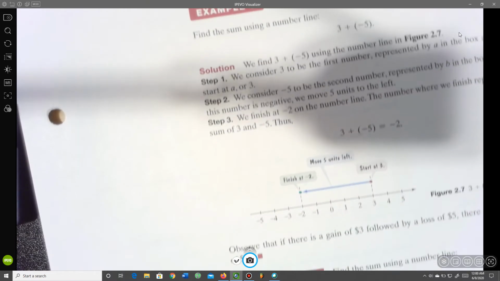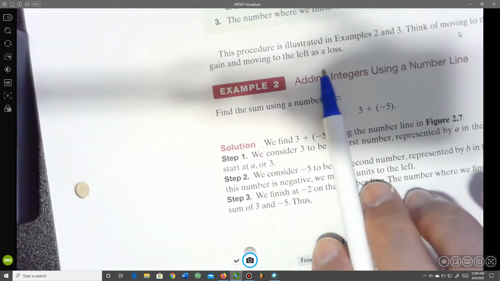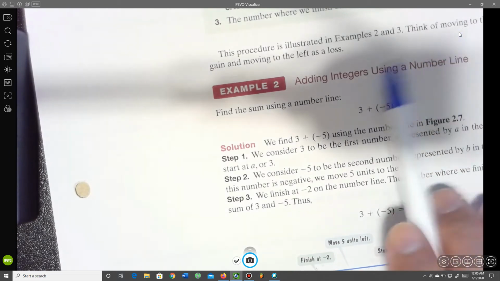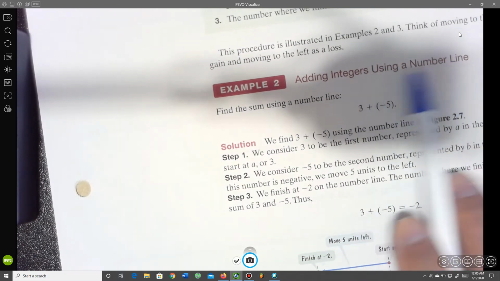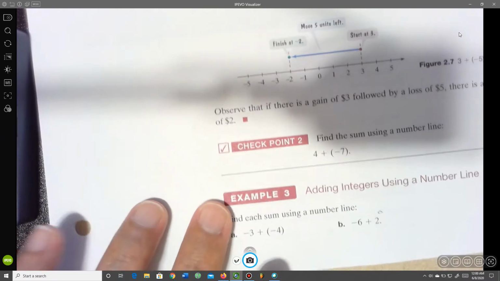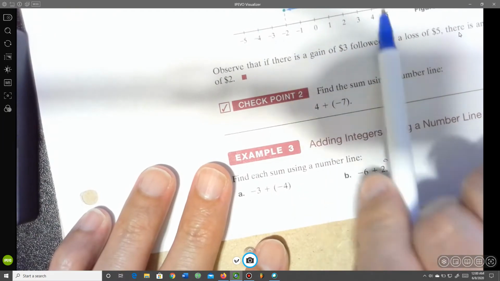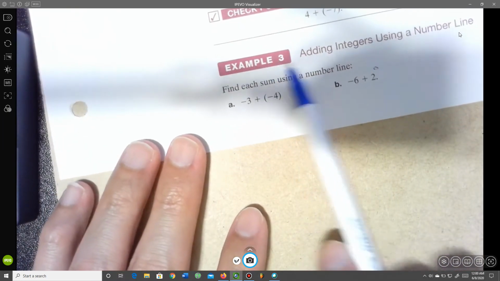If you can see it in your head right away, okay. And if they tell you to add using a number line and you want to use one, that's fine. If you don't, that's fine too. Just go ahead and add the values, okay? But just remember that this is what they were trying to teach you. All right, let's move on to number 3.